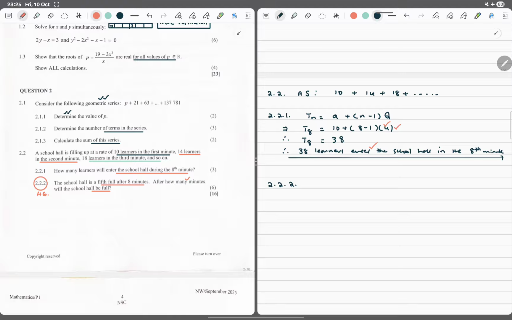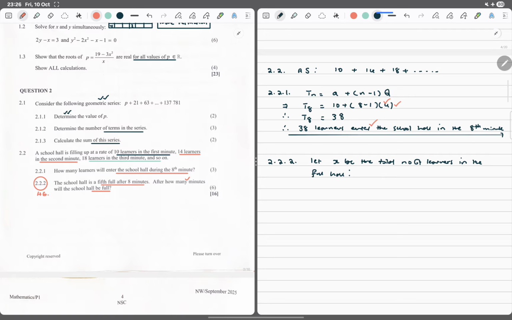Well, first thing to do is that, okay, let's find out how many learners are actually the full capacity of the hall. So we can say let x be the total number of learners in the full hall, right?